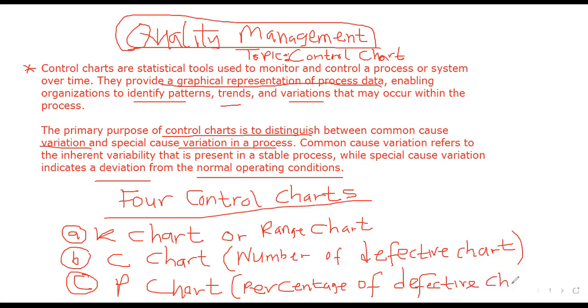Of course, we get to the last chart, which is an X bar chart.